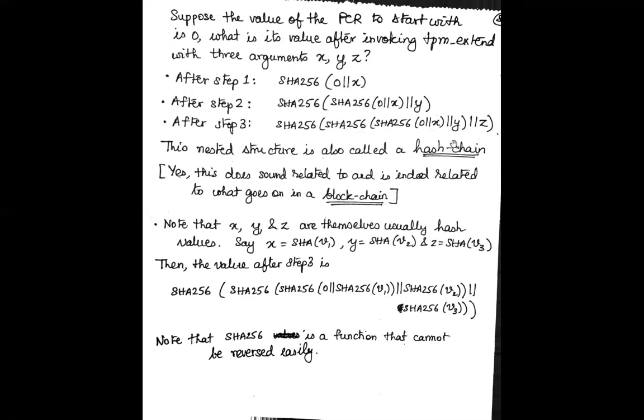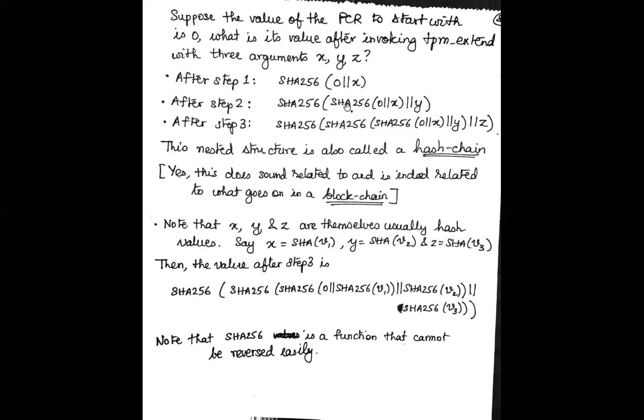This nested structure is also called a hash chain, and it has a very interesting property. If you know the first value, or if you know X, Y, and Z, you can calculate the result over here. Or if you know the first output value and you know Y and Z, you can calculate this. At any given point in time, if you know the intermediate value at that point in the hash chain, you can calculate the values that come forward. But if you're given only step 3, you cannot calculate the value of step 2.